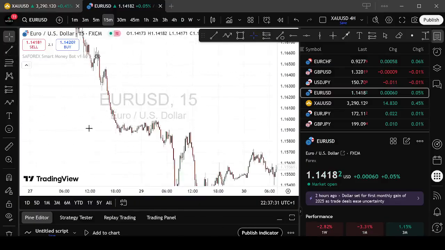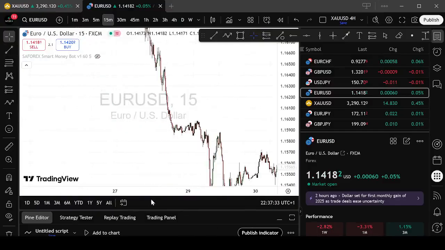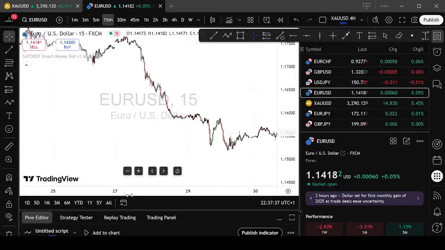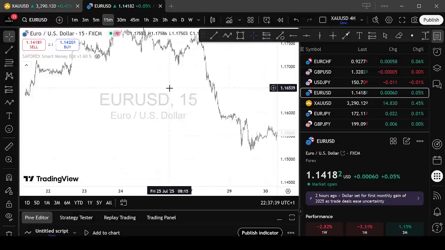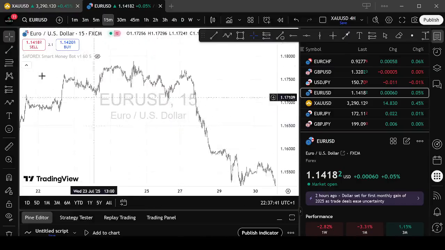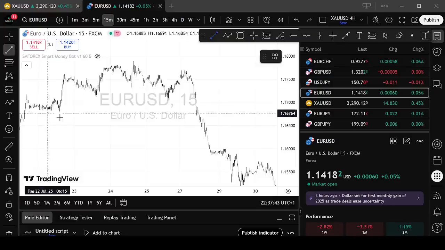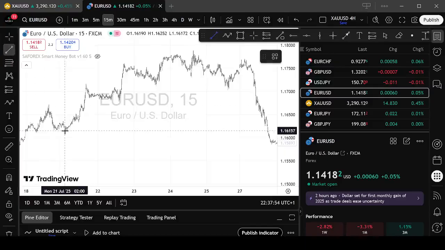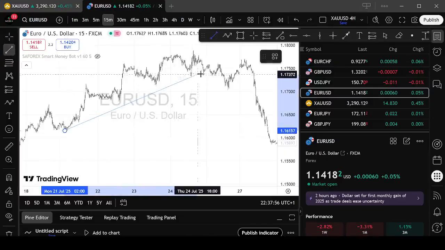I can just mark randomly. Those who trade trend lines, for instance, can trade this trend line like this, hoping that price reacts somewhere like this.